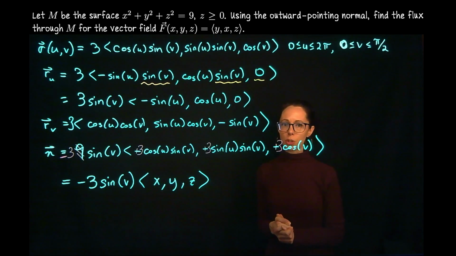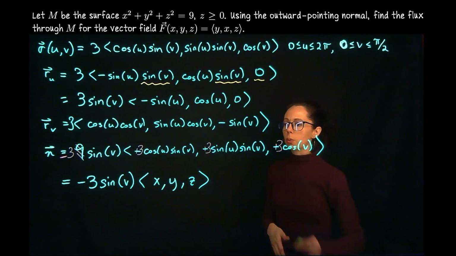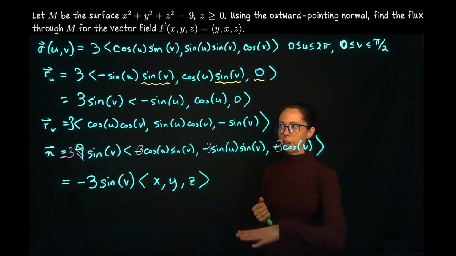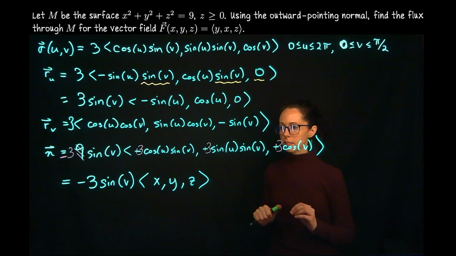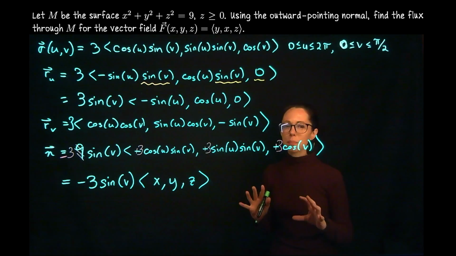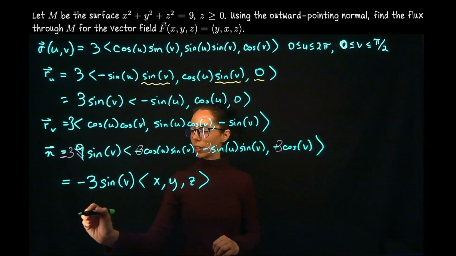Now we are ready to start putting together the double integral that we're going to set up and evaluate ultimately in order to compute this flux. I think what I would like to do is stick with these coordinates for a moment. So let me do one more computation before I erase most of this and we start with a fresh board. Let me keep mixing together rectangular and spherical coordinates for a moment.